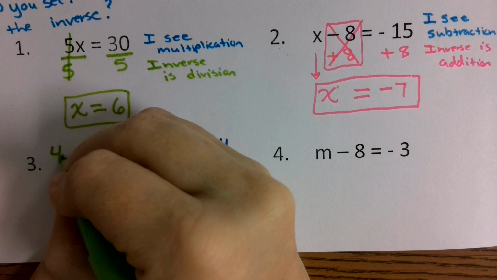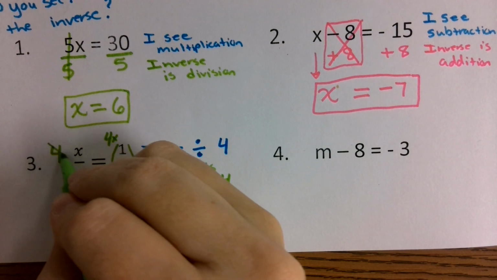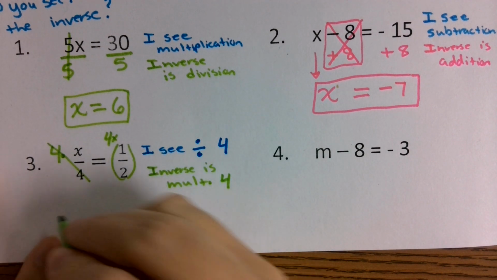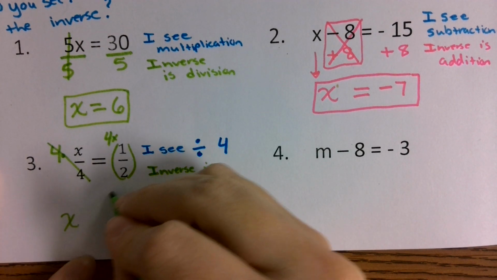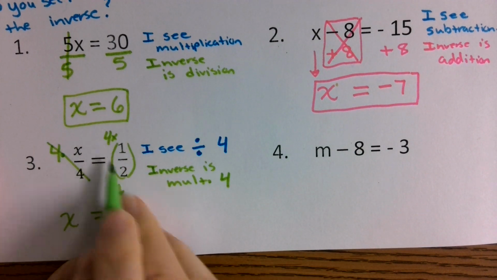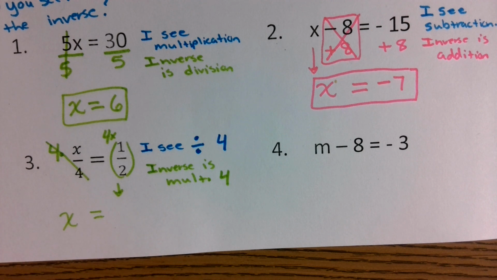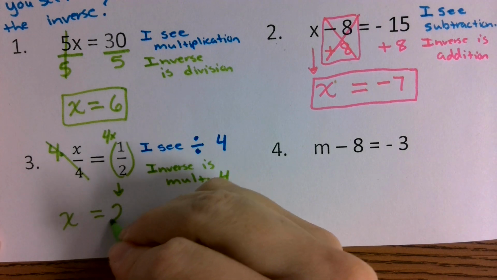If I multiply by 4 and divide by 4, I can cross those off, and I'm left with my x. But now I need to do 4 times a half. I need to do 1/2 times 4. If I do 1/2 times 4, what is that, Angel? 2. So we get x is equal to 2.